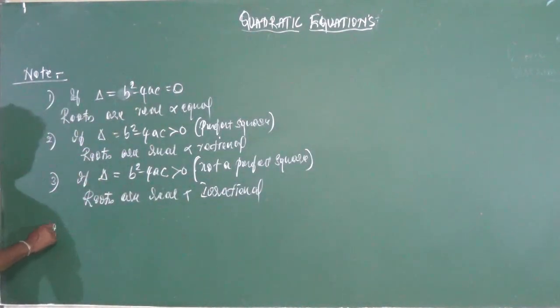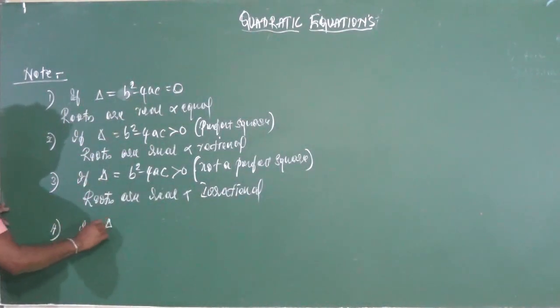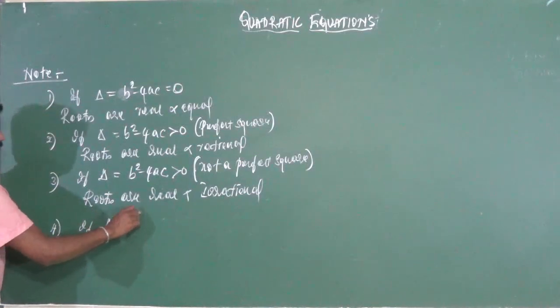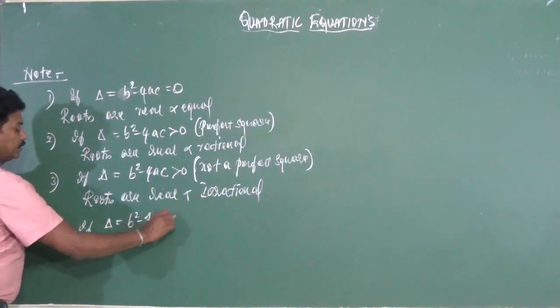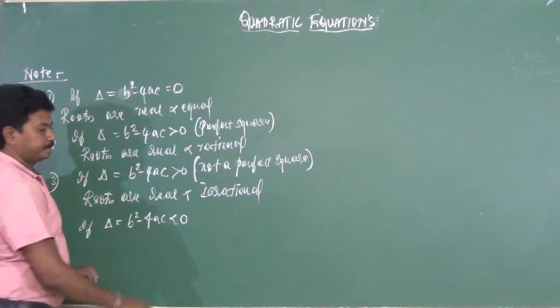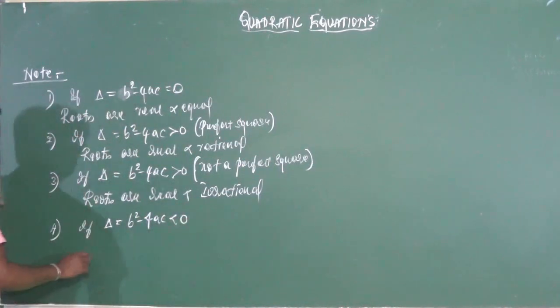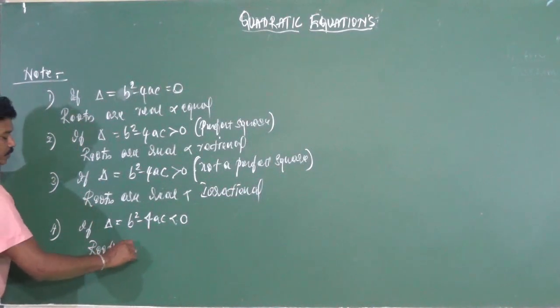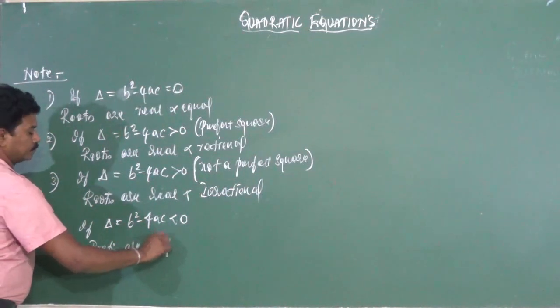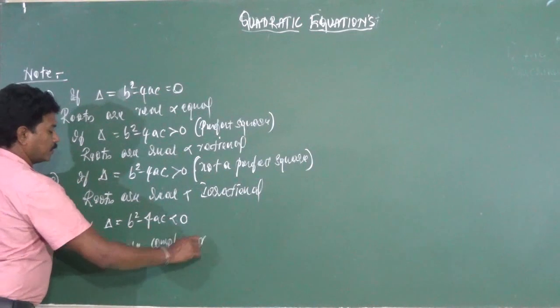So 4th point, if discriminant, that is b square minus 4ac, is less than 0, then roots are complex or imaginary.